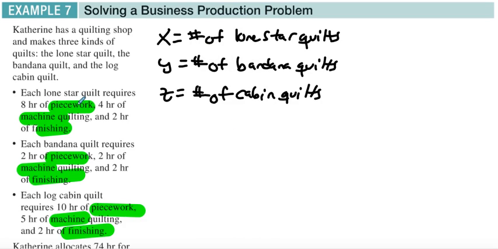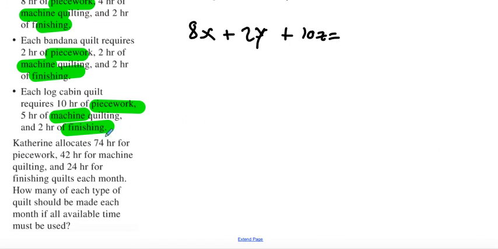So check us out. If we look at just the piecework, there are 8 hours for the Lone Star, x, plus 2 hours for the Bandana, y, and 10 hours of piecework for the cabin quilt, z. Now, if you take the piecework of all 3 of them, she only allocates 74 hours, so there has to be 74 hours.